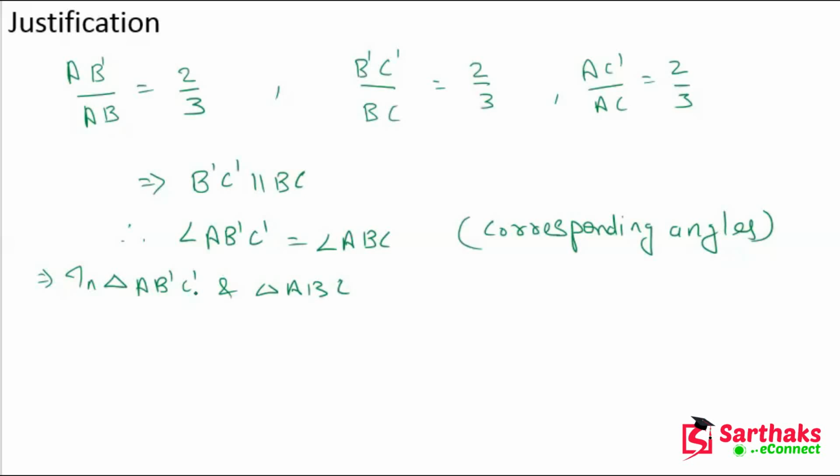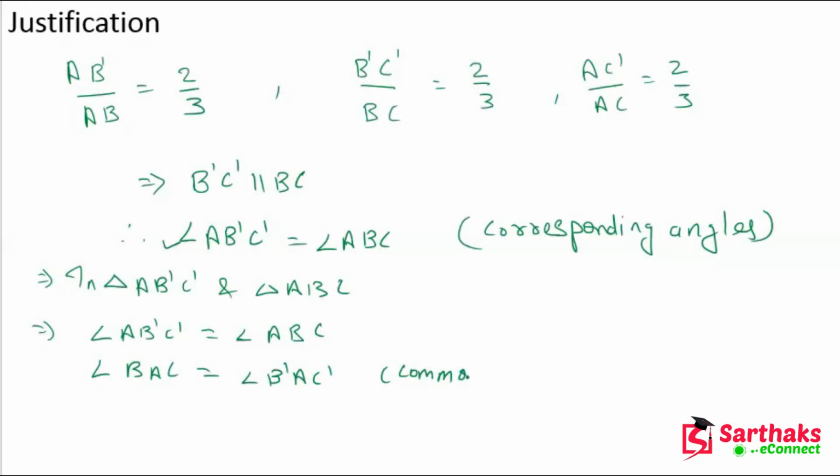Okay my dear friends, so now we can write angle AB dash C dash is equal to angle ABC, and angle BAC is equal to angle B dash AC dash, which is common.